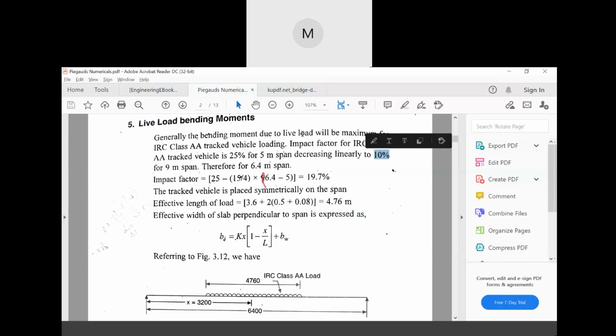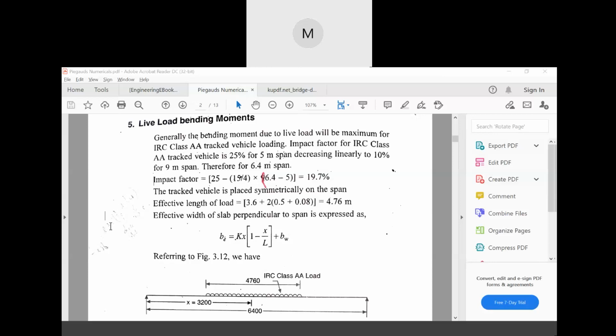Now we have to find out for 6.4 meter span. This is basically the interpolation thing. So how has it been done? Look, let me write it here.